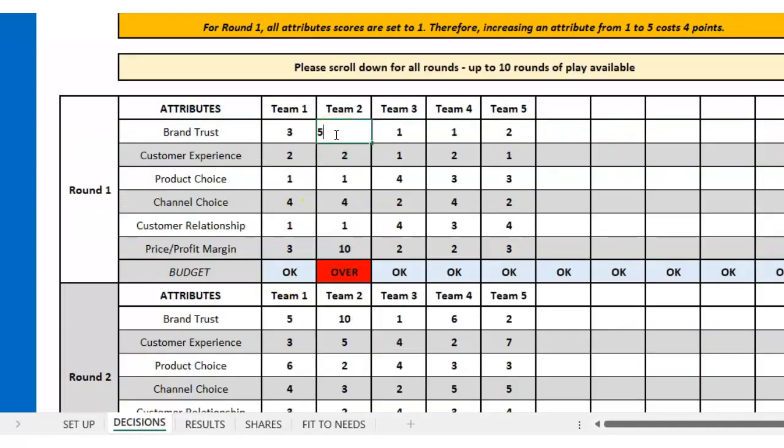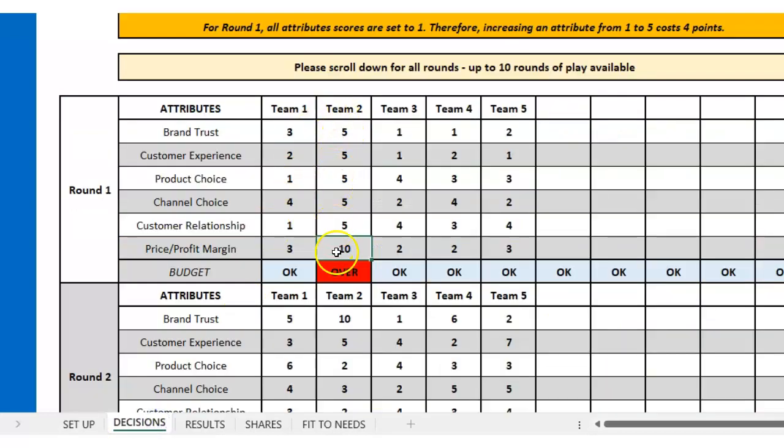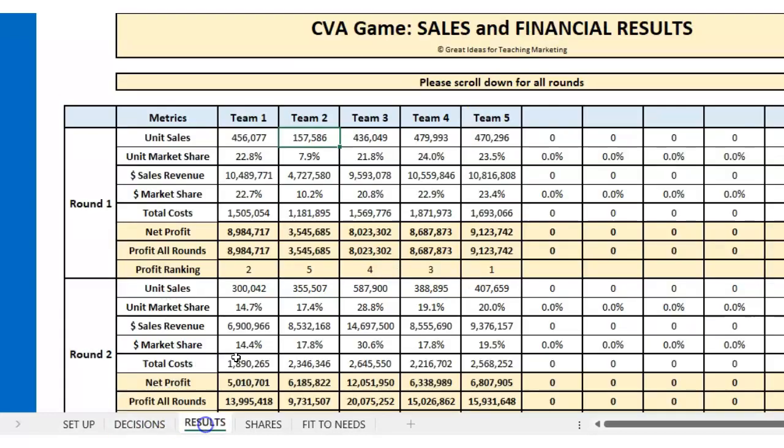But if I was to increase all of these, okay, what we'll see is that their costs appear to go lower, but because of the way they've structured the product, it's not as attractive. They have dropped significantly in sales, so their cost per unit is actually quite high, and you can see what's happened to their profit.